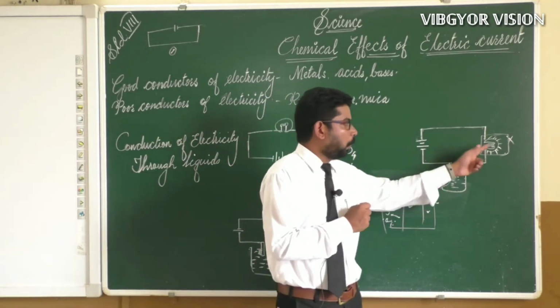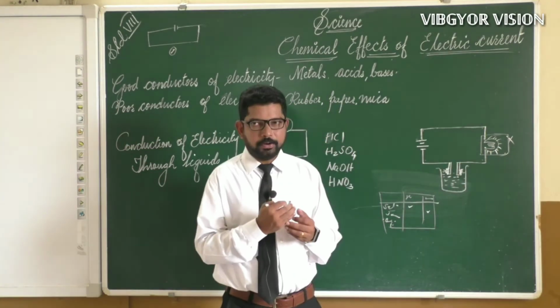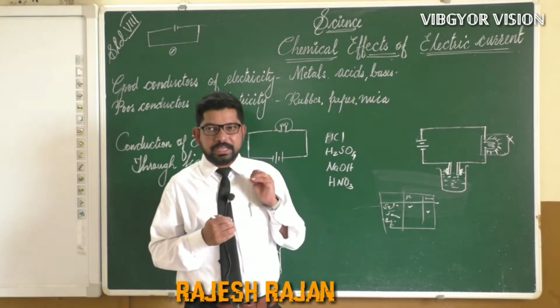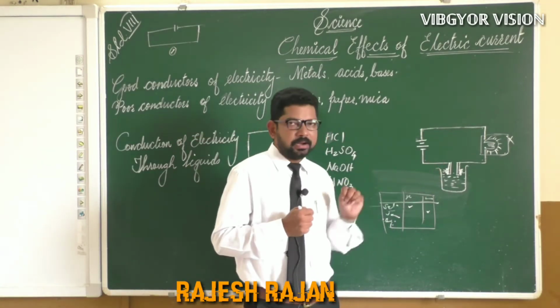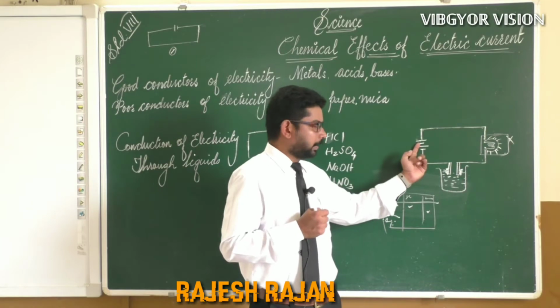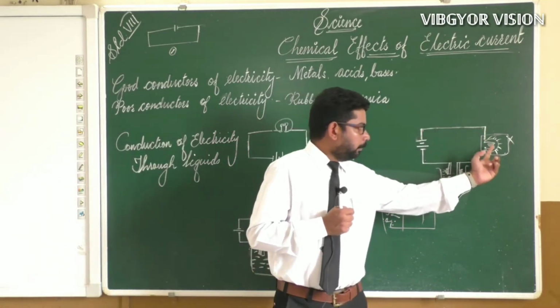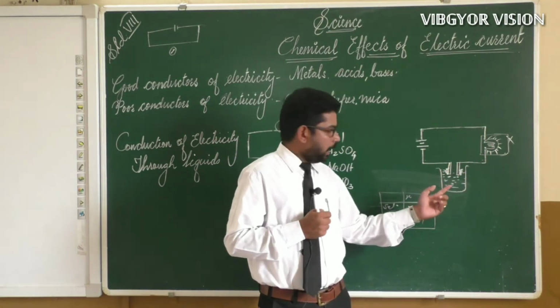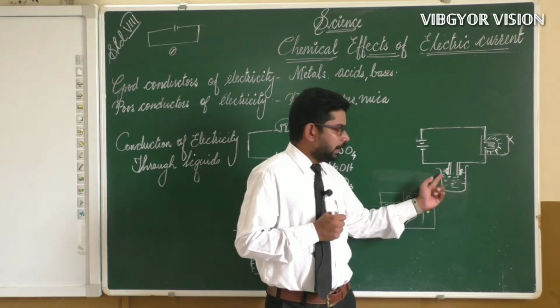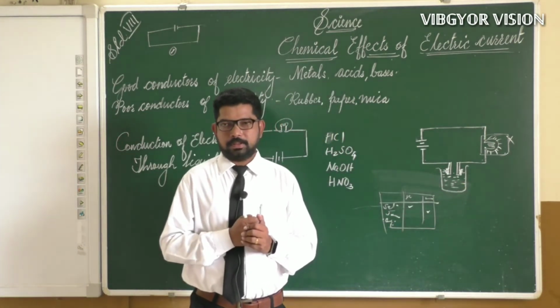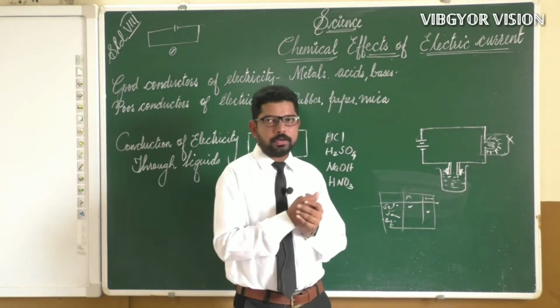In that case also the bulb will not glow. Did you understand? There are four situations in which our tester will not work: battery used up, bulb fused, loose connection, and very little conductivity. In those cases we cannot use it.